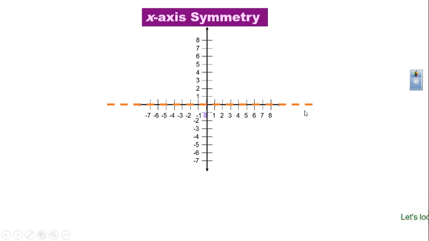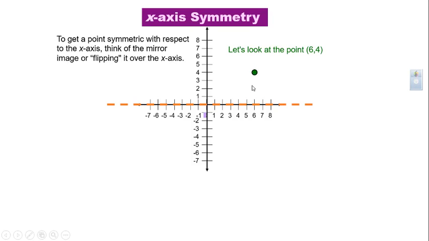For x-axis symmetry, for a given point, let's use the point 6, 4 as an example. For a given point, there is a corresponding point across the x-axis as if it's a mirror. So if you treat the x-axis like a mirror, on the other side of the x-axis there's a matching point that matches with the point 6, 4, which means the x-coordinate will stay the same, but the y-coordinate will change to the opposite, so the negative of the y-coordinate.